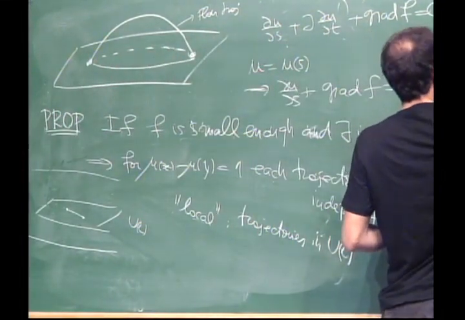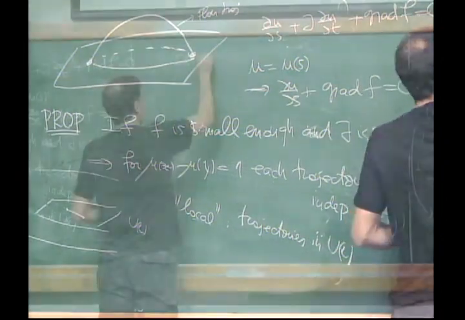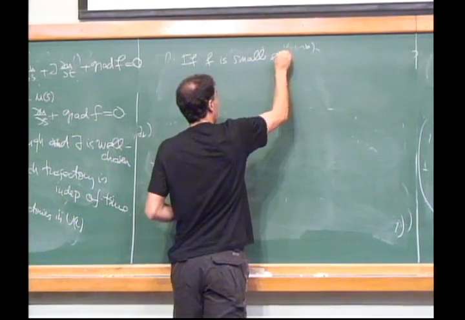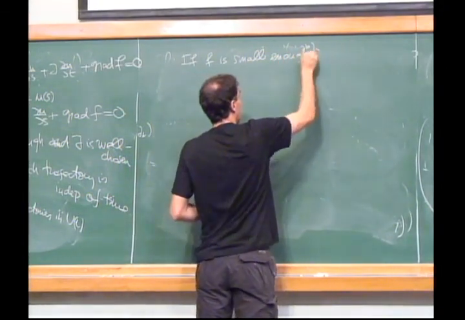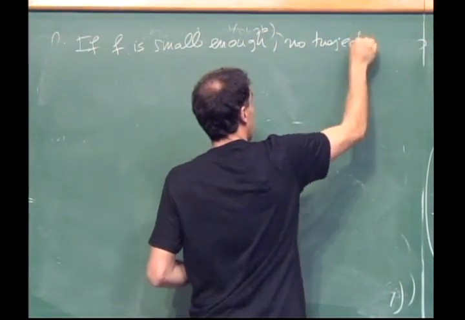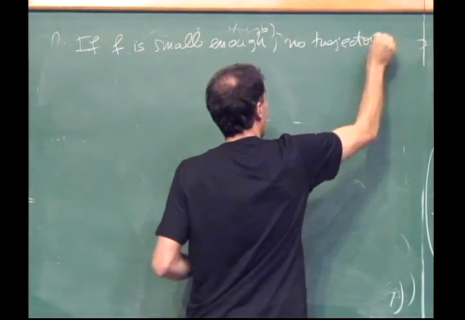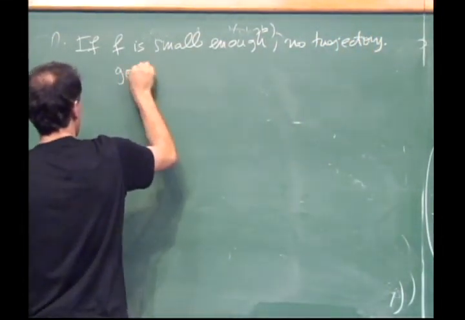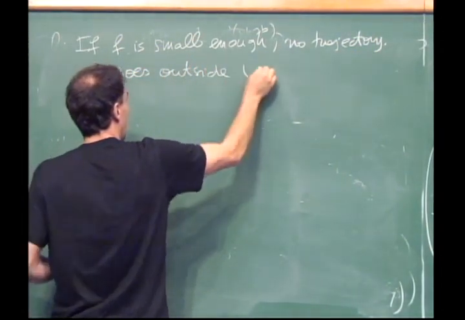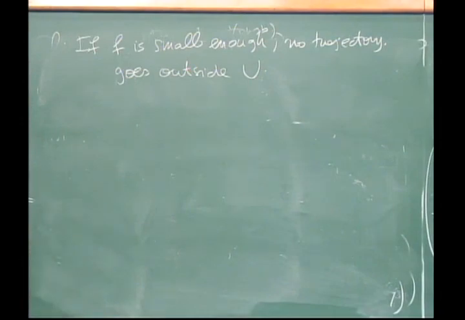So if f is small enough, no trajectory goes outside U. And this is actually a consequence of Gromov compactness.